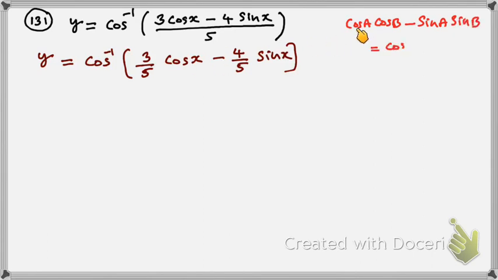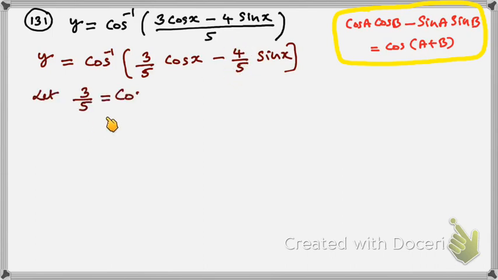And what would go here is cos A cos B minus sin A sin B, which is cos of A plus B. So I'm going to treat it like cos A into cos B minus sin A into sin B, which would change to cos of A plus B. So I'm going to call this as cos A, and then I'll prove that for that particular A, this will be sin A. So I'm going to say let this be equal to cos A, and when I calculate sin A, I should be able to prove that it is same as 4 by 5.